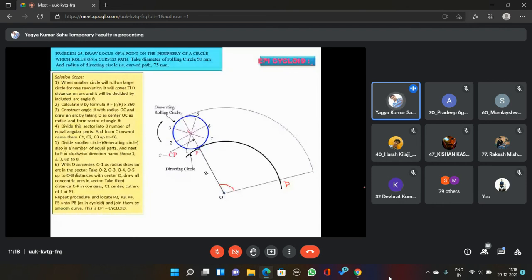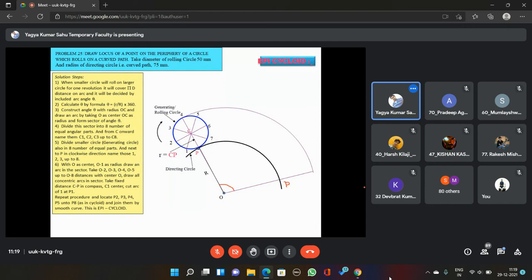Suppose the angle is coming like 125 and you need 8 equal divisions. Then what will you do? Then apply bisecting angle, trisecting angle.